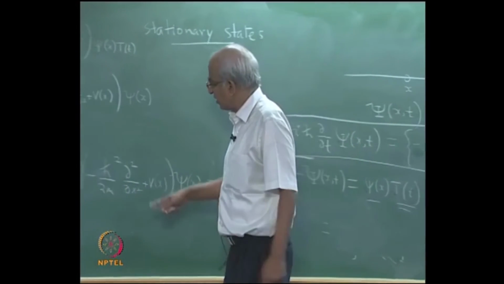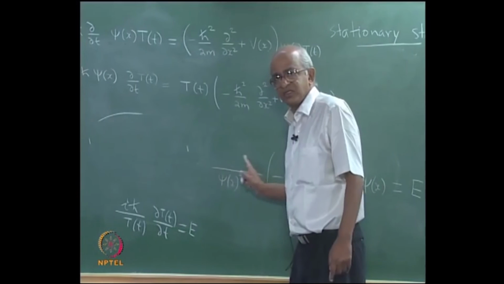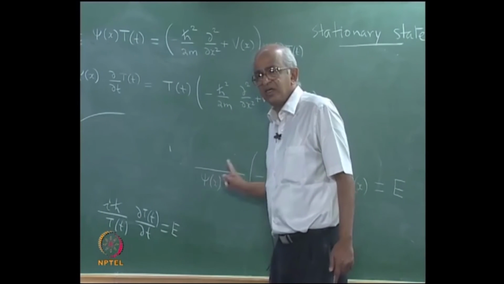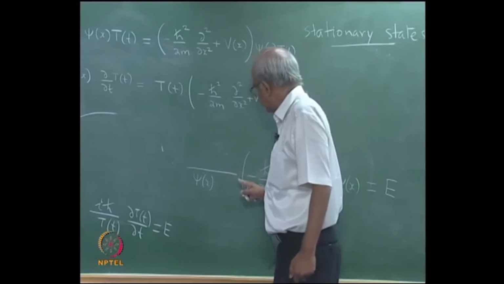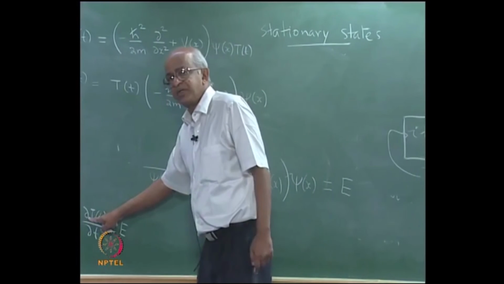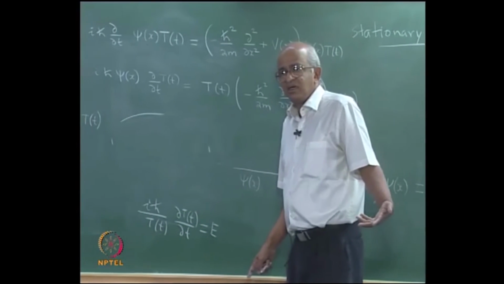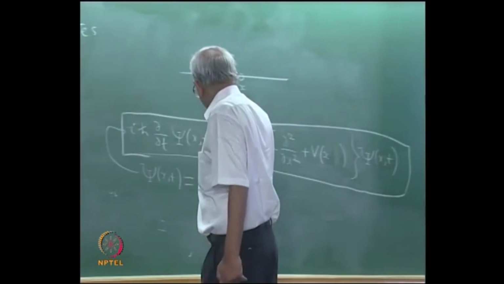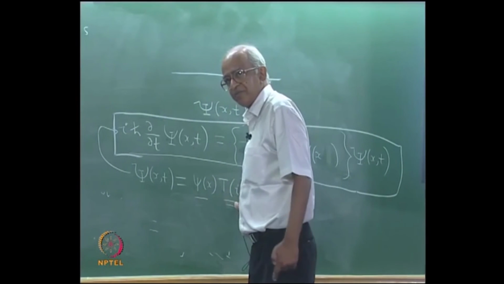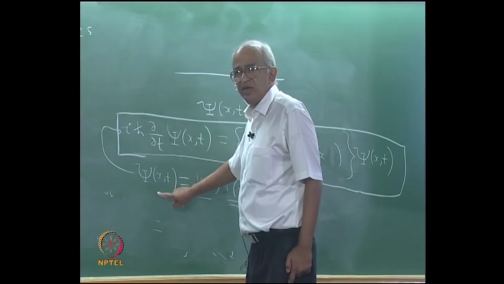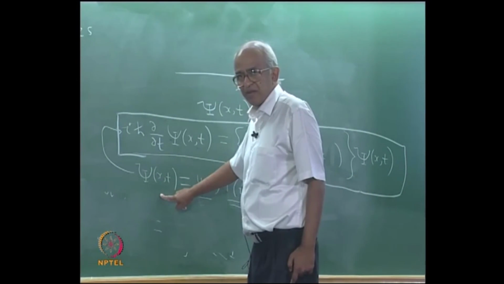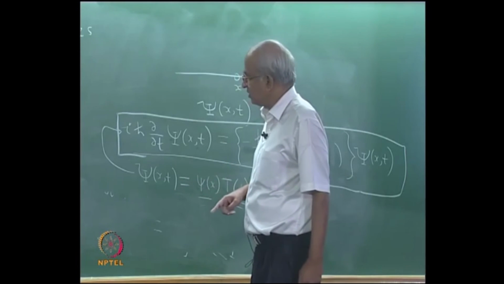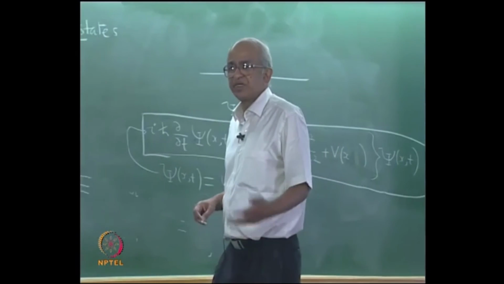Now we can go ahead and solve these two equations, determine the values of psi and capital T, and use those values in here to get the total wave function. This method is known as the method of separation of variables.